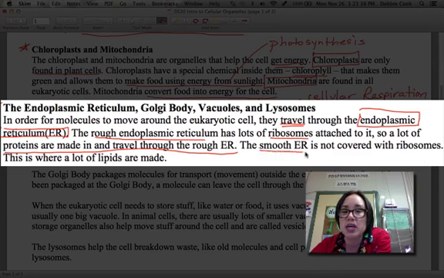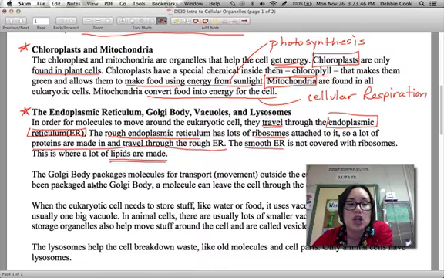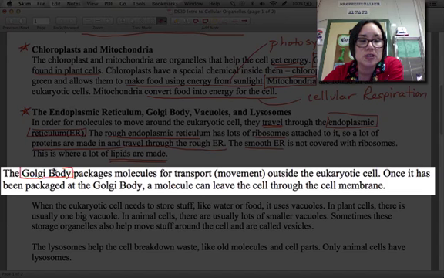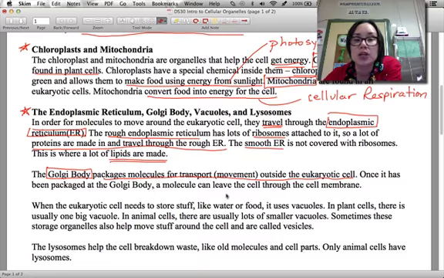The smooth ER is not covered with ribosomes, and that is where a lot of lipids are made. The Golgi body packages molecules for transport or movement outside of the eukaryotic cell. Once it has been packaged by the Golgi body, a molecule can leave through the cell membrane.